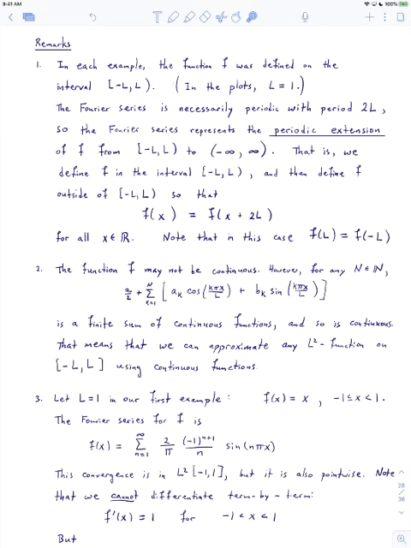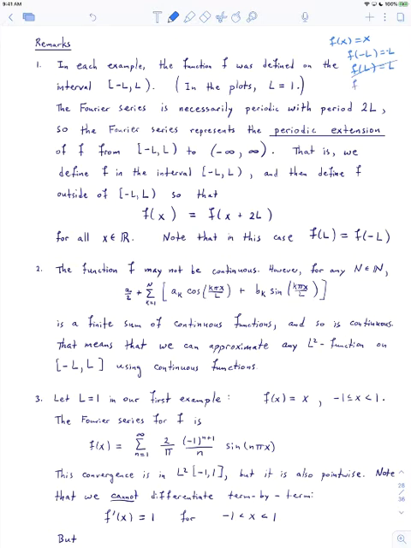If, for example, you define f at x equals x, then of course f at minus L is equal to minus L, and f at positive L is equal to L. So these aren't equal, but you want them to be equal. So what I did is just excluded that one, and I just defined it to be a periodic extension.